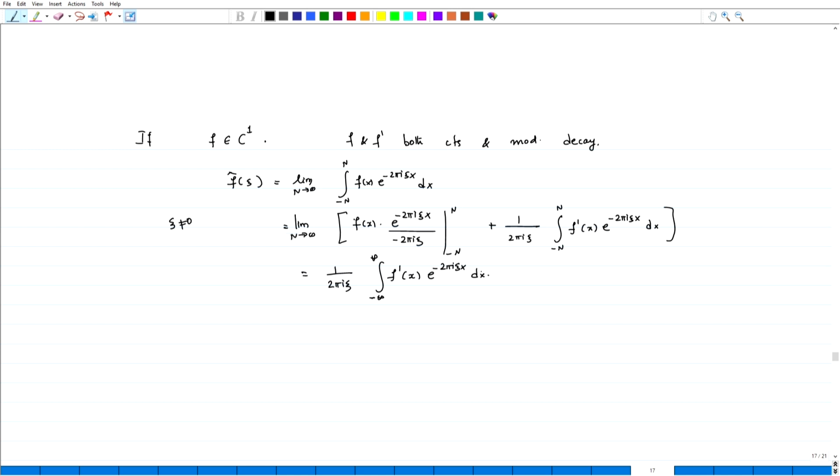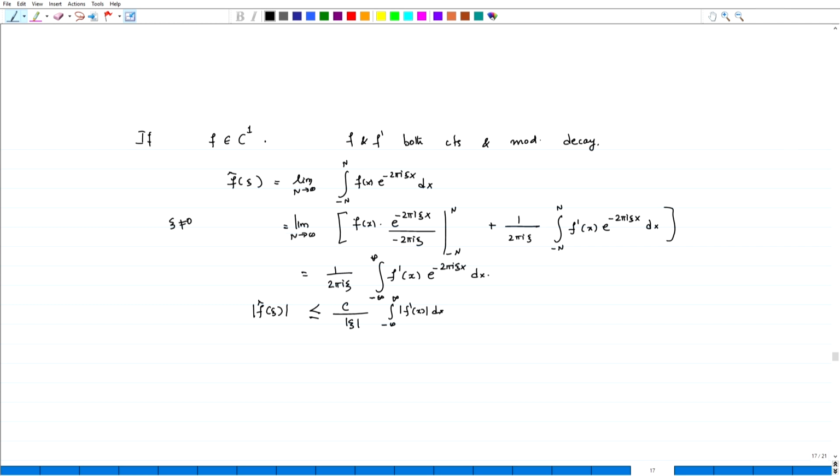Now, if we push the modulus inside, we get that mod f hat of xi is less than or equal to some constant by mod xi, and the constant of course is the integral of mod of f prime. So this is no more dependent on xi.